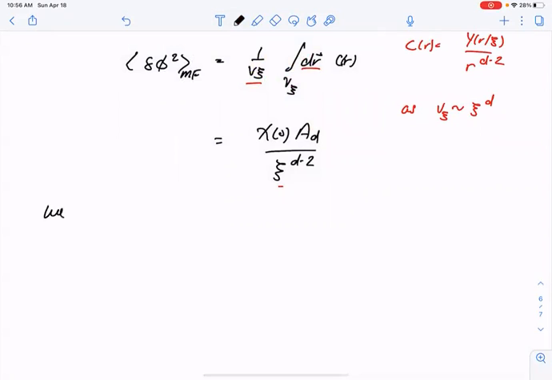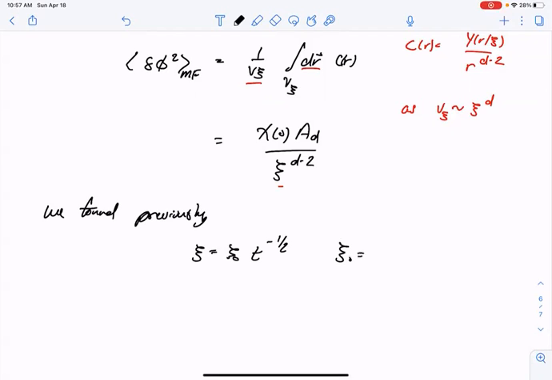We found previously that our correlation length is equal to some bare correlation length times a divergent part, to the minus 1/2, where that bare correlation length is equal to m divided by c TC, to the minus 1/2.